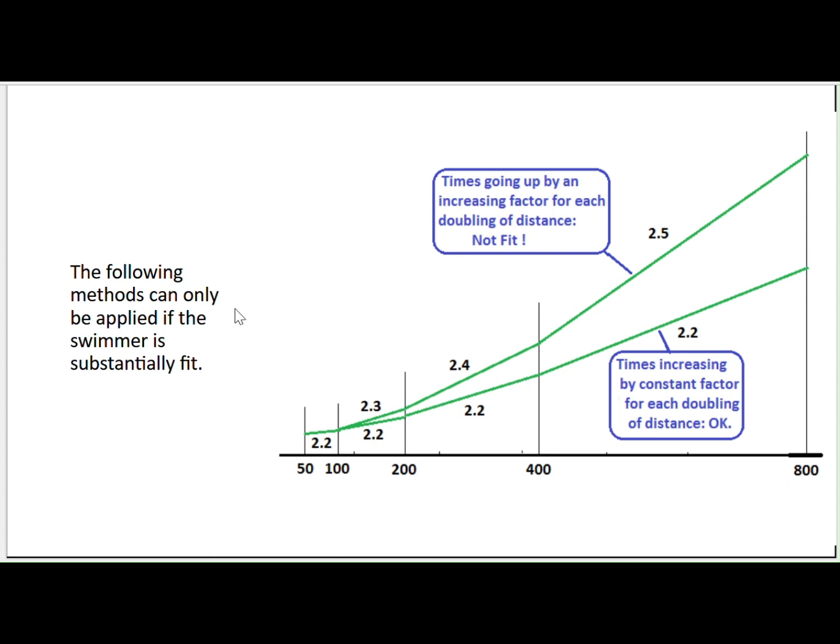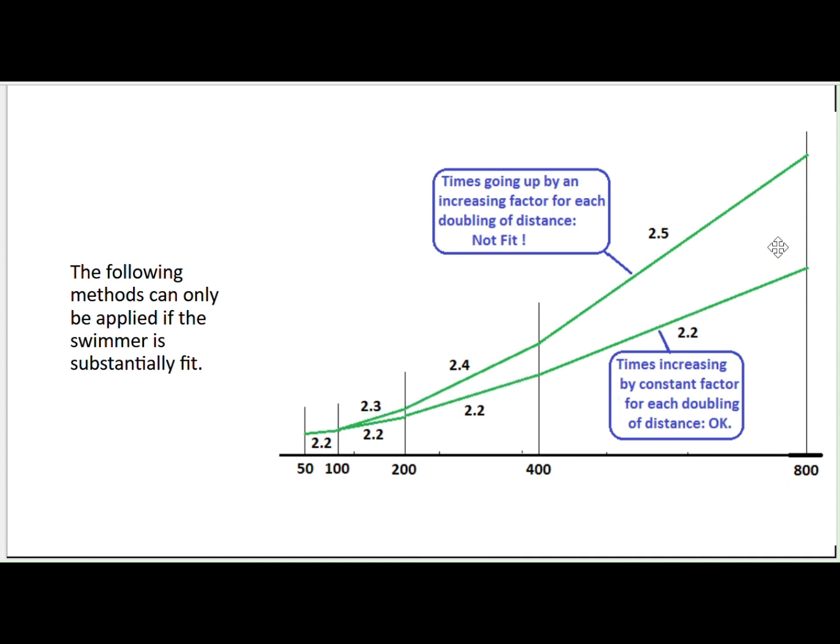Now, you can only apply these methods if the swimmer is substantially fit. Normally, to do this fairly easily without the help of a computer or very much calculation, for a general purpose athlete, their time will double every time you double the distance. So if we're going 50 to 100, we'll see this.